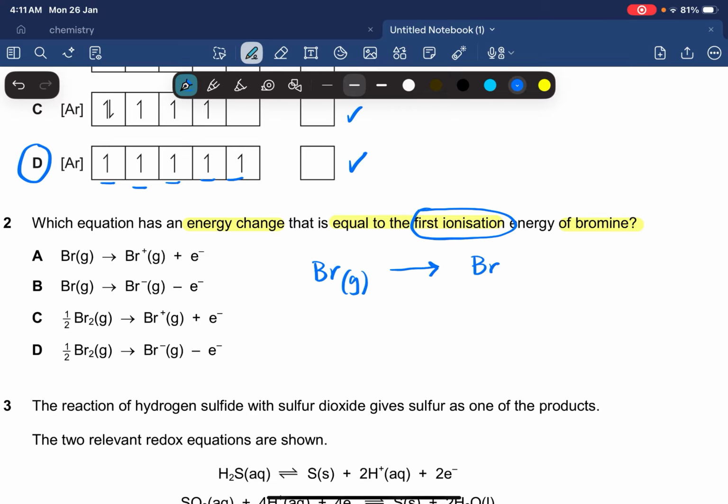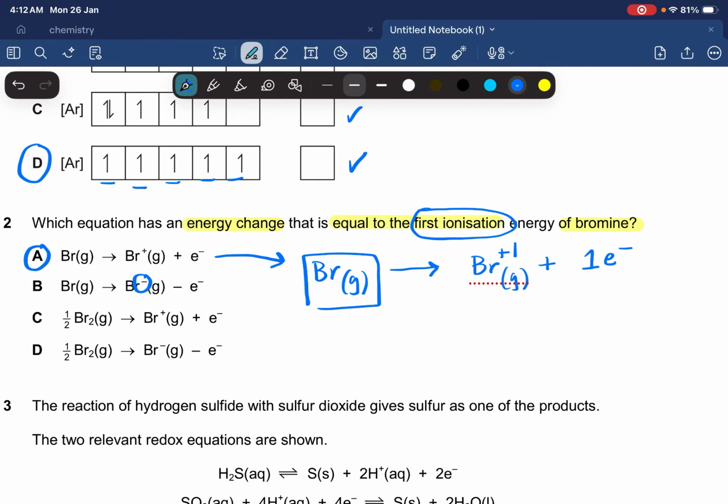And when we're going to take out 1 electron from a neutral atom, it's going to form a positive 1 ion, which is going to be a gaseous ion, plus the 1 electron that we have taken out, right? So let's see which equation represents this. Not a negative one. We are taking out an electron. So when we take out electrons, something gets a positive charge. So option A shows exactly this equation, right?